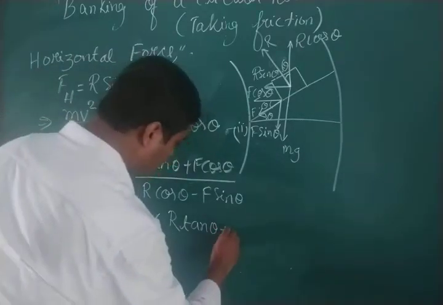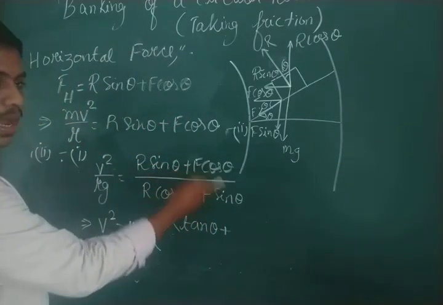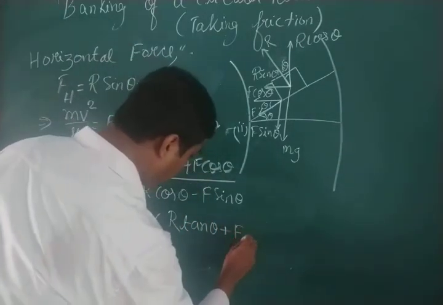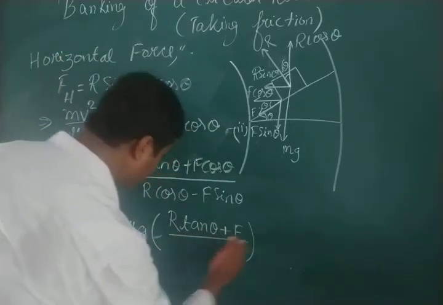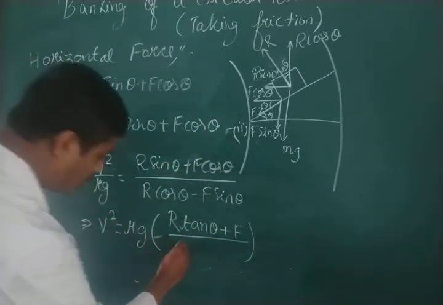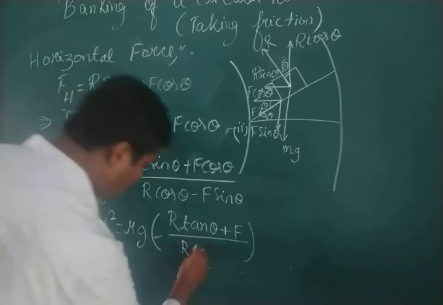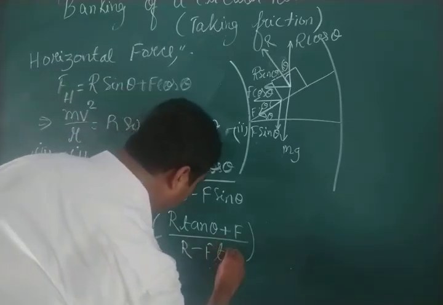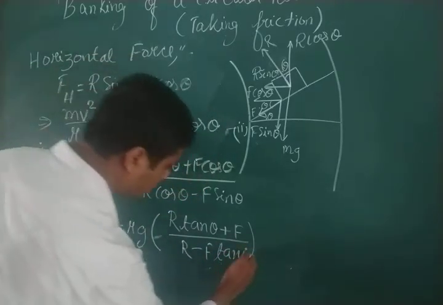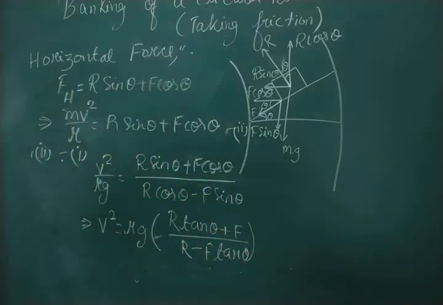Plus f cos theta by cos theta, I'll get f, divided by r cos theta by cos theta, it will be r minus f tan theta. So r tan theta plus f divided by r minus f tan theta.